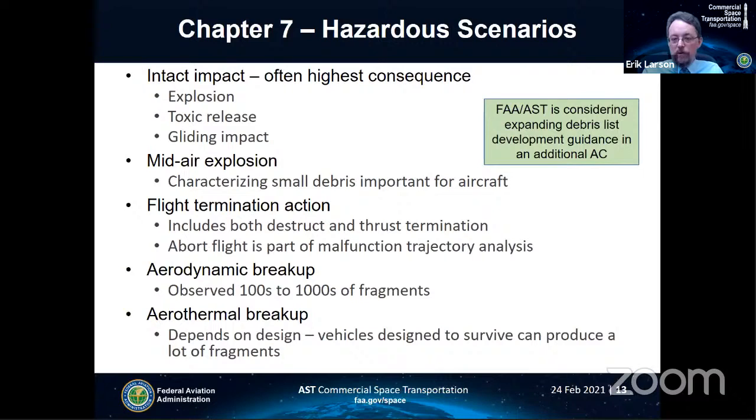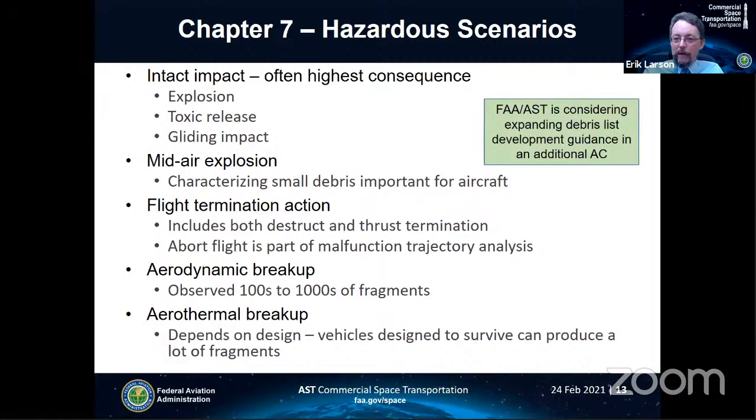Some vehicles are, of course, designed to break up and melt and produce very little fragmentation, but a vehicle that's actually designed to survive can produce a lot of debris on the ground. The Columbia, of course, is the classic example of that, which generated far more fragments than had been anticipated before that accident occurred.